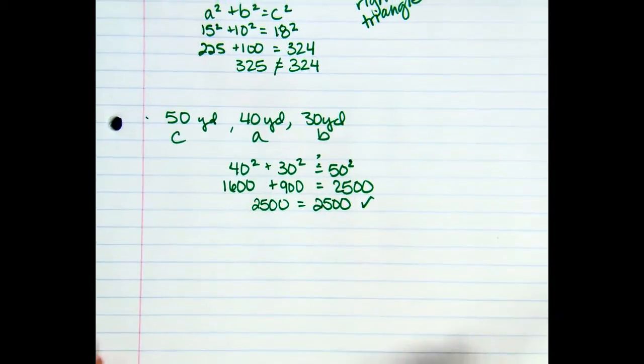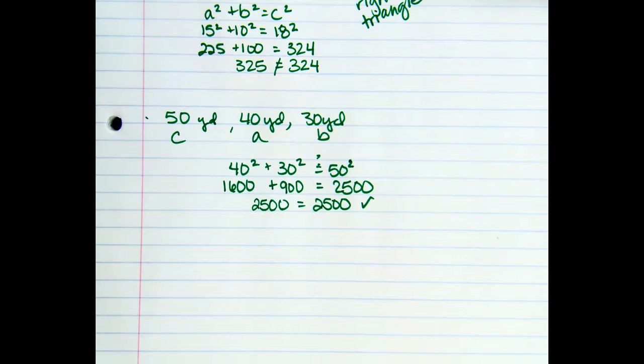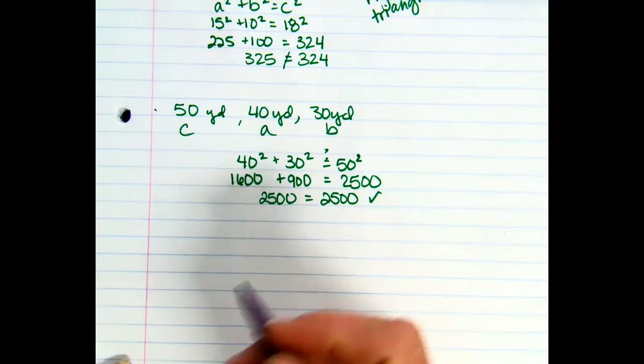The other thing that you can do with the Pythagorean theorem is you can also come up with what's called the distance formula. So in your book on page 327, they have all of the steps for how you actually can derive the distance formula. I really want you to look that over and try it. It's activity 3. I'm just going to give you the formula now, though, and it's in your book. So the distance formula says this.